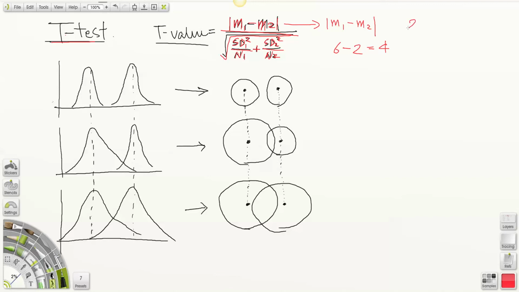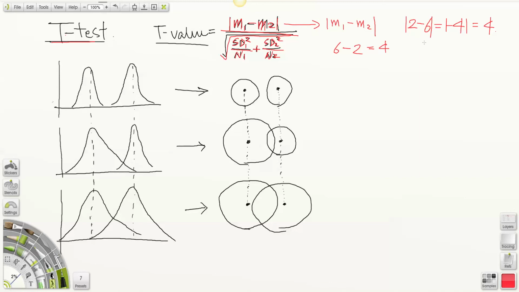If you use the female subsample as your first subsample and then subtract the male subsample's mean number of traffic tickets, it's going to produce negative 4. But since you're using absolute value, it's going to single out the plus and minus signs, so it's going to be 4. So what this indicates is it looks at the distance or difference between the two mean values, not necessarily which one is higher or lower.